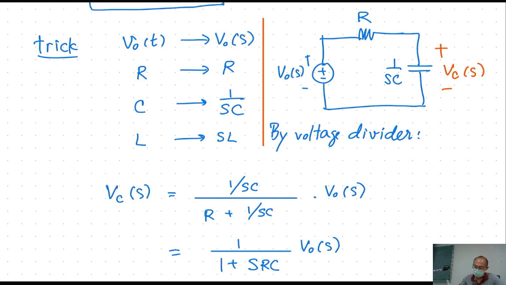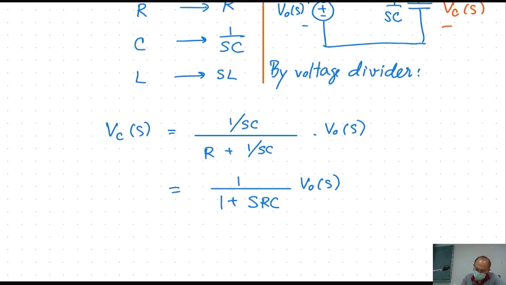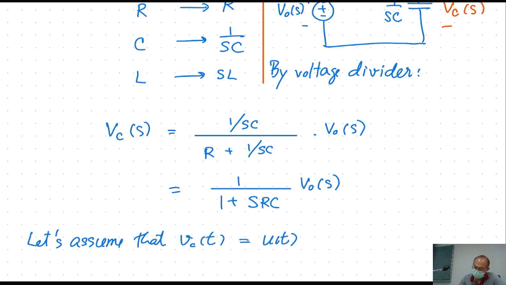Now, to solve this, let's assume that the input voltage is a unit step signal. Then V0(s) would be 1 over S, right?